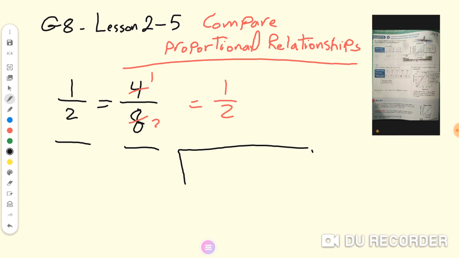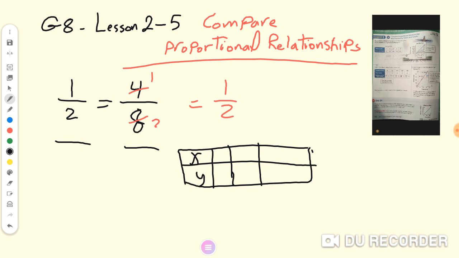If I have x and y and some proportional relation numbers here: 1, 2, 2, 4, 3, 6, they are proportional.